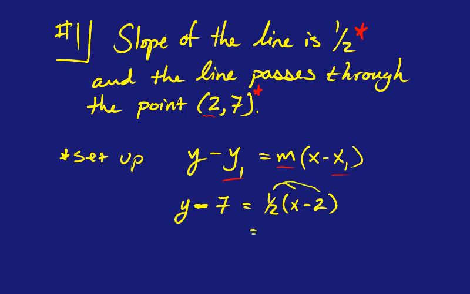You get 1/2 x minus 1. You get y minus 7. And then we're going to add 7 to both sides so that y is alone. We're going to put it under its like term. And so our final answer would be y equals 1/2 x. And then -1 plus 7 is 6. And so there we go. We've written the equation of a line.